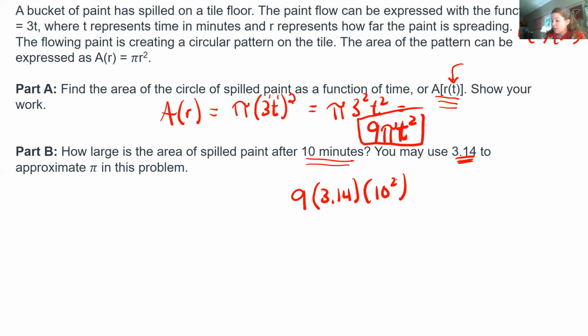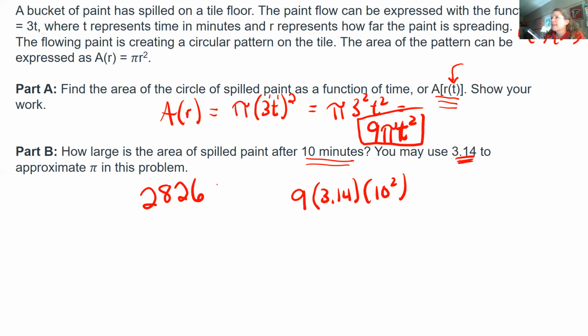We type 9 times 3.14, and I know that 10 squared is 100, so I'm just typing 100. So how large is the spill? The spill is 2,826. What are our units?